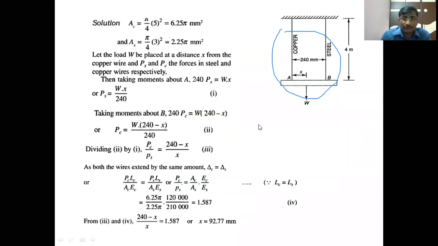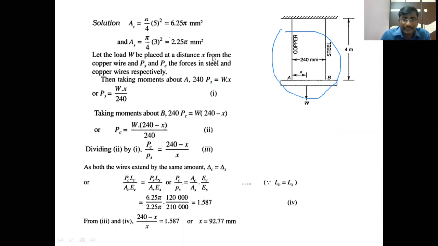What is the position of this load applied on the horizontal bar AB, where should this W be applied, so that after applying the load AB remains horizontal? When the bar remains horizontal, each wire must be elongated equally.